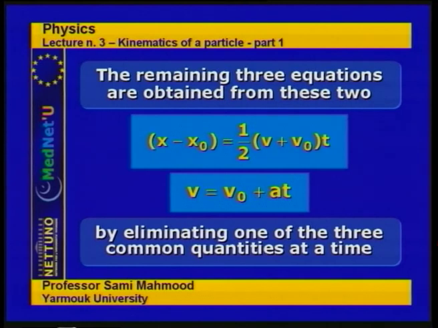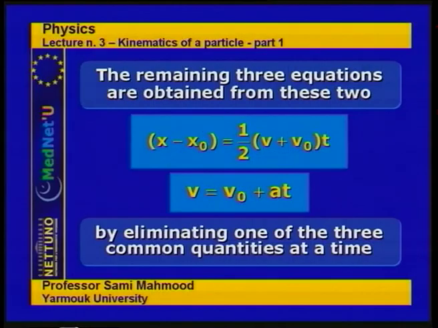So if we eliminate v, for example, between these two equations, we get a third equation which does not contain v, but rather it contains the displacement, the velocity v naught, the acceleration a and t.